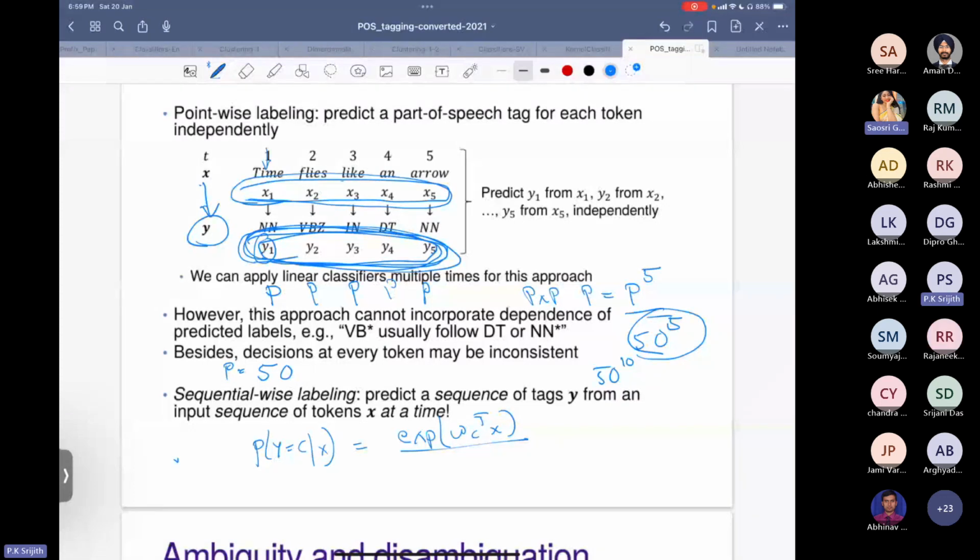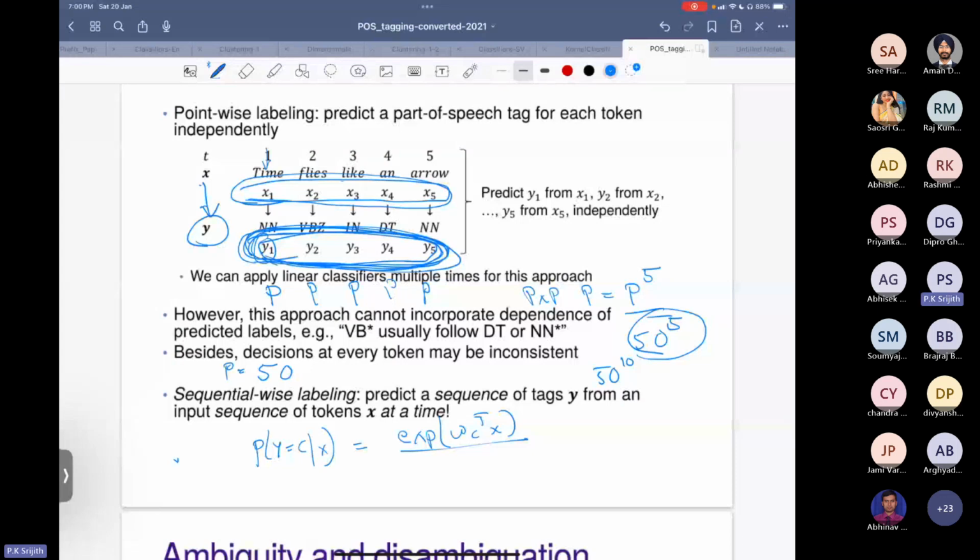So now the question is, what are the possible number of classes if you try to do it this way? For each of these different combinations of y1, y2, y3, y4, y5, you have to associate a label, right? So what are the different number of possible combinations of y1, y2, y3, y4, y5?